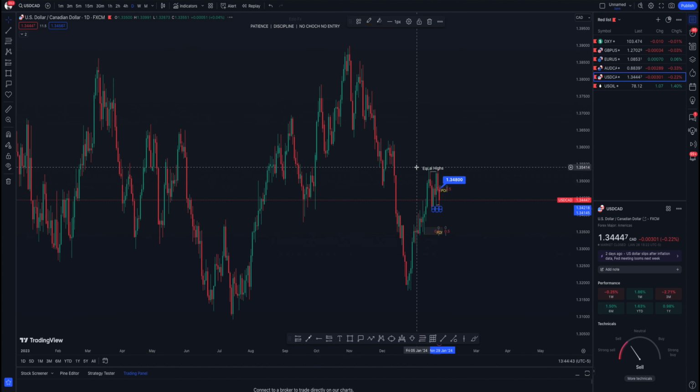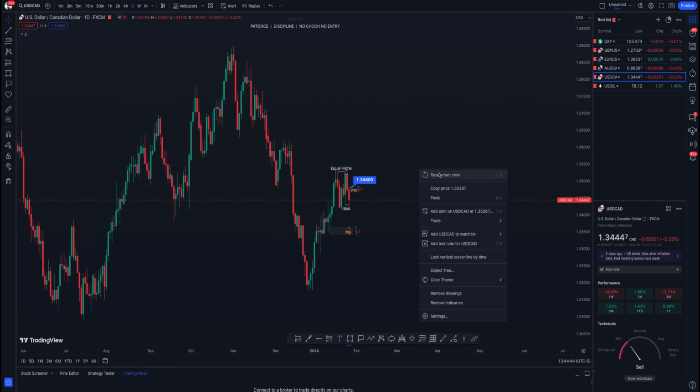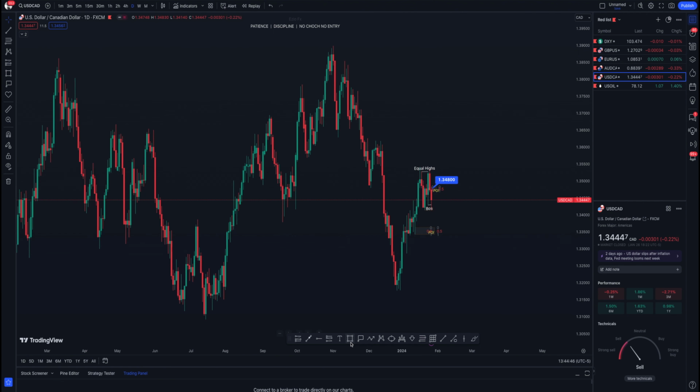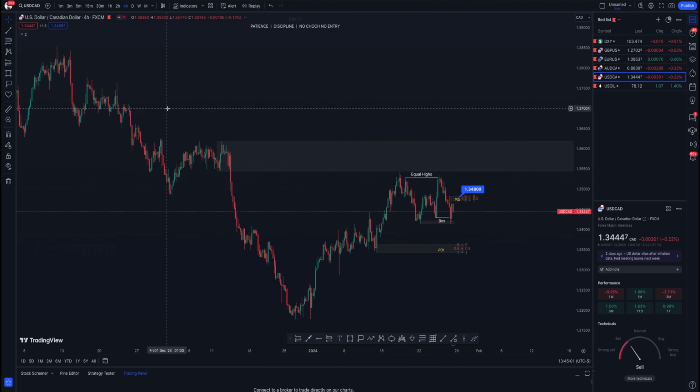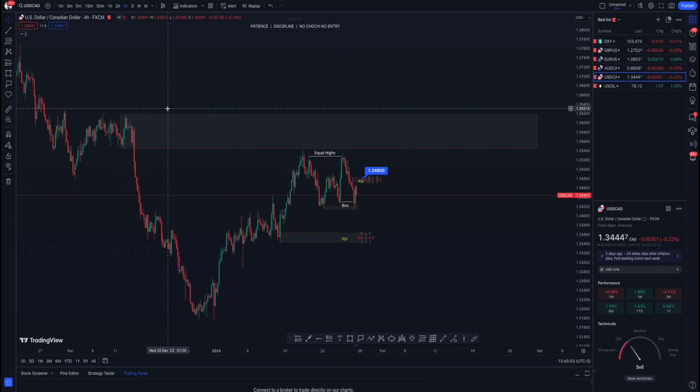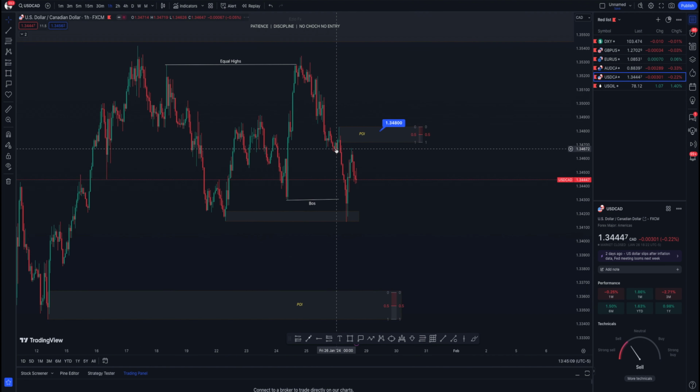So if I go to the daily and have a look at this, we can see a nice clean order block right here. So this is the H4. You can't see much. Equal highs, so more likely it could wick out. So the H1 looks quite clean to me.